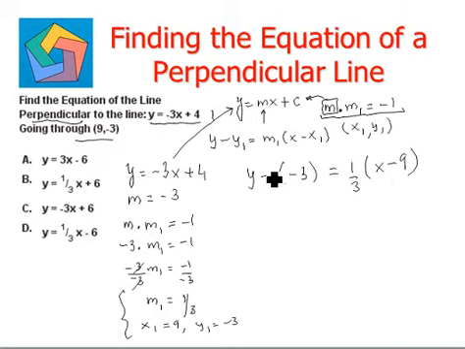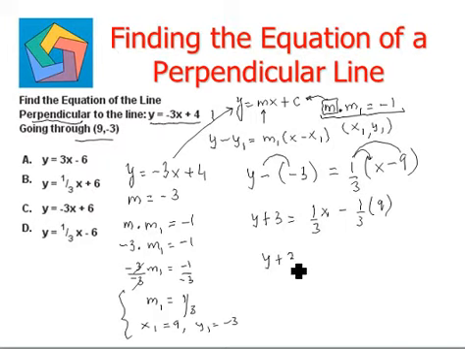Let's solve this. A negative and a negative is a positive, so y plus 3, applying the distributive law to the two terms, 1/3 of x minus 1/3 of 9. This is y plus 3 equals 1/3 of x minus 3.